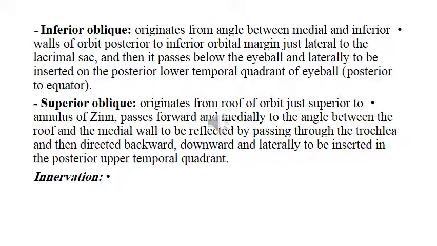What I mean by this: the superior oblique, when it comes from the origin, is reflected by passing through this trochlea and then goes to its insertion, which is the posterior upper temporal quadrant. So the inferior oblique inserts in the lower posterior temporal quadrant and the superior oblique in the upper posterior temporal quadrant, both of them inserted posterior to the equator.